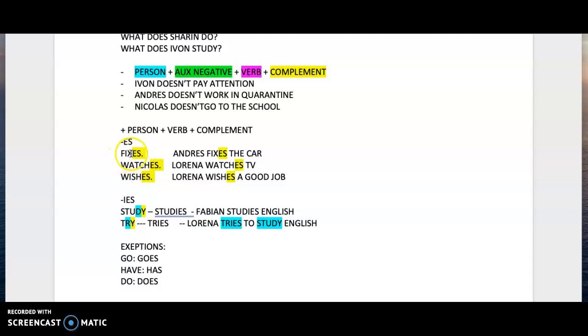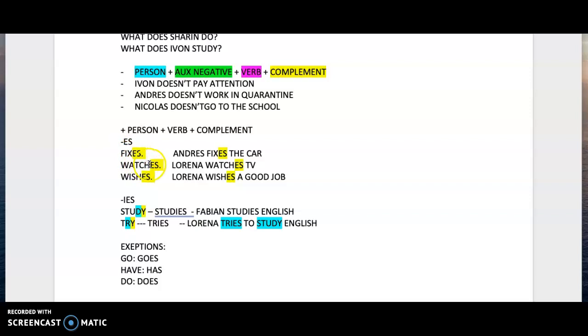For example, fix, fixes. Okay? Fix es arreglar. Entonces, como termina en x, se agrega es. Los verbos que terminan en x, en ch y sh, se les agrega es. So, fixes, arreglar. One example, Andrés fixes the car. Okay? Super easy.